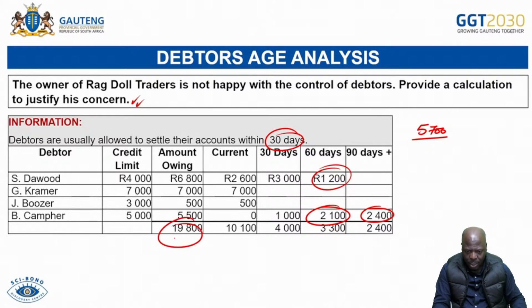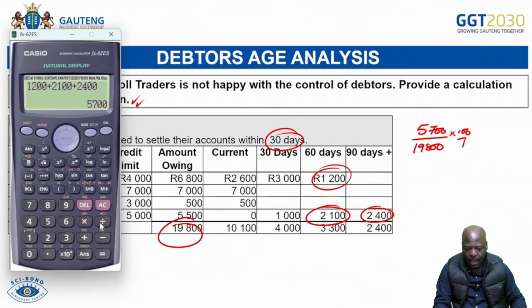And the total amount is 19,800. So that will be over 19.8 here. And if I multiply by 100 over 1, I'll divide by 19.8 and then multiply by 100. And that's going to give me 28.8%.